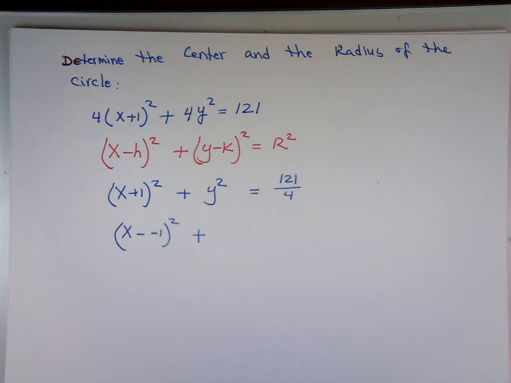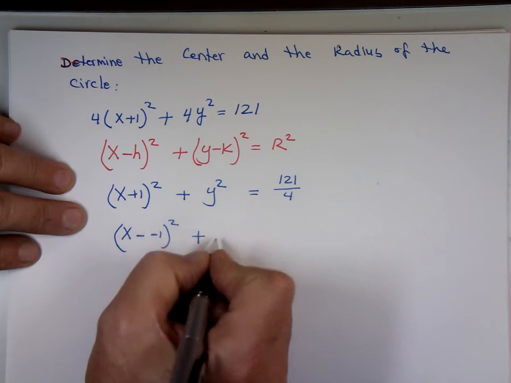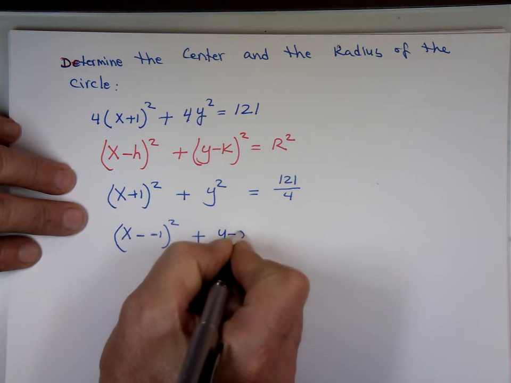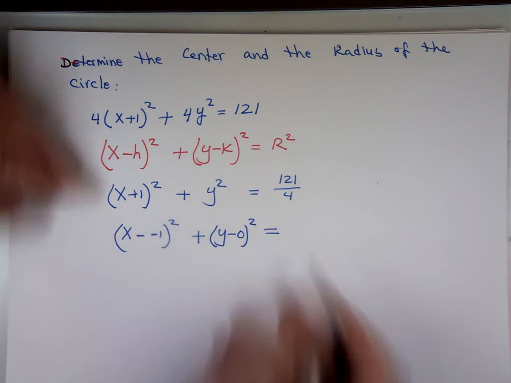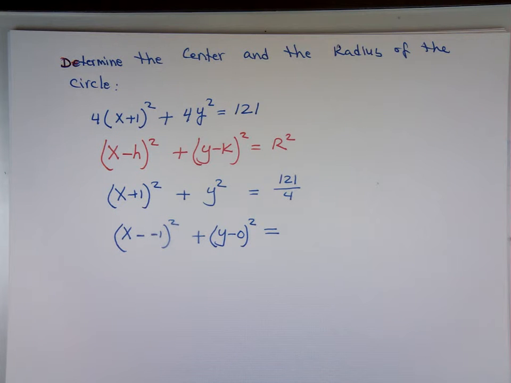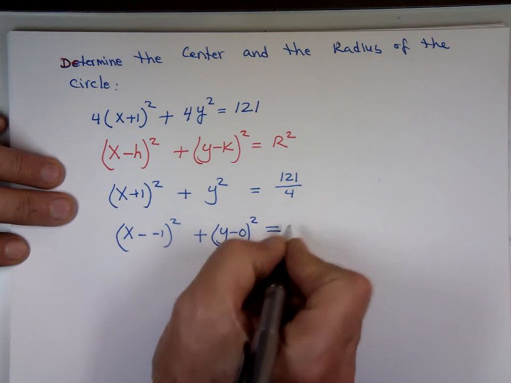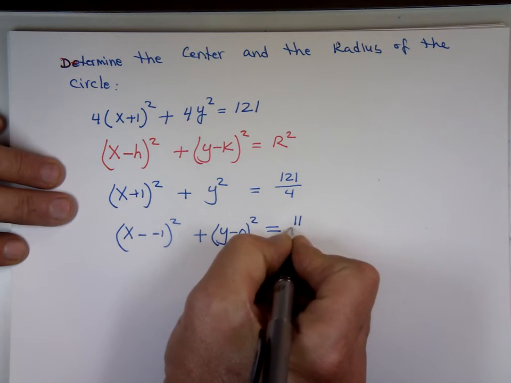I'm supposed to subtract something, but there's nothing to subtract. It's 0. Y minus 0. And I'm supposed to write that number squared. What is the square root of 121? 11. What's the square root of 4? 2.